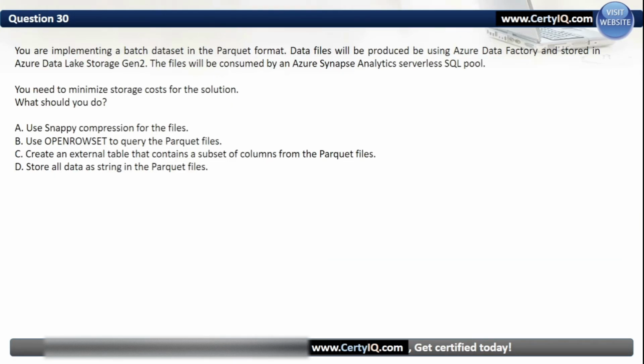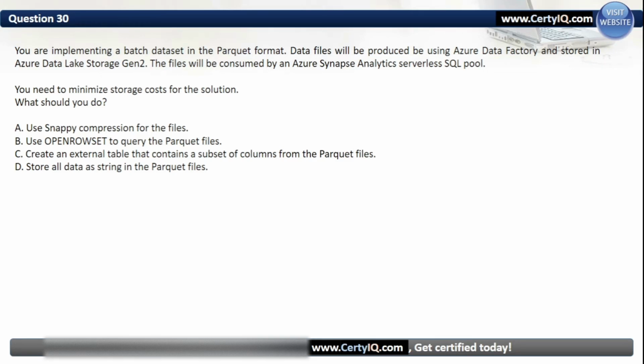Question 30. You are implementing a batch dataset in the Parquet format. Data files will be produced by using Azure Data Factory and stored in Azure Data Lake Storage Gen2. The files will be consumed by an Azure Synapse Analytics serverless SQL pool. You need to minimize storage costs for the solution. What should you do?